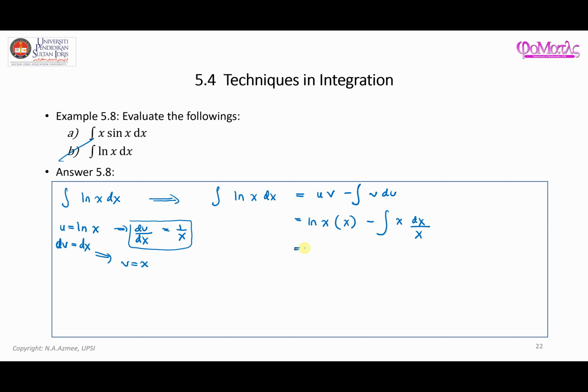Clearly you have ln x times x minus the integral of x times dx over x, and the x can be cancelled out, so you will get x plus c. That can be further simplified as x ln x minus x plus c. Okay, so that's the answer to the second question.